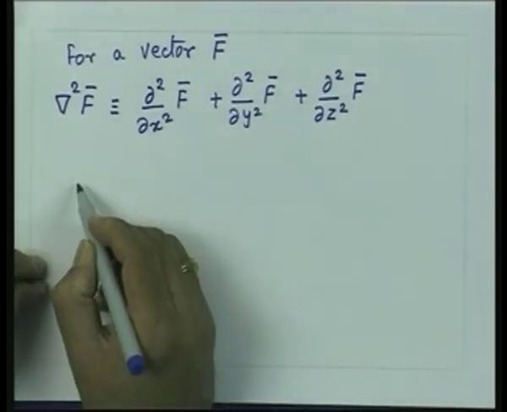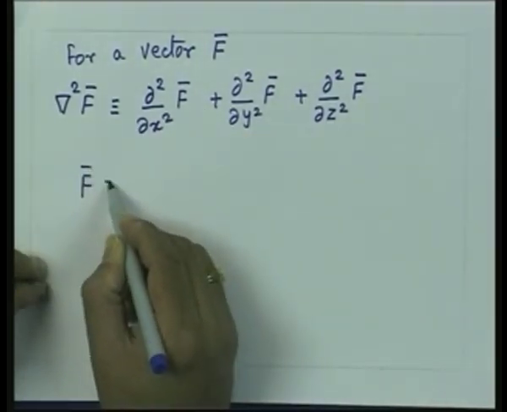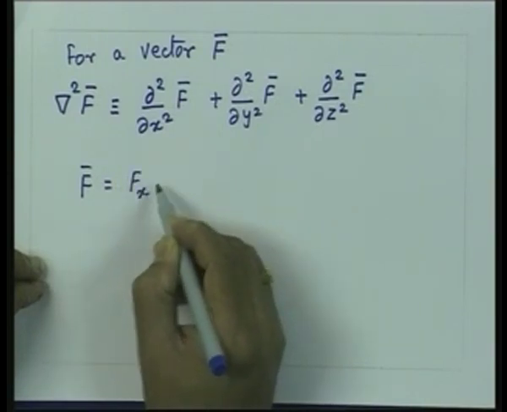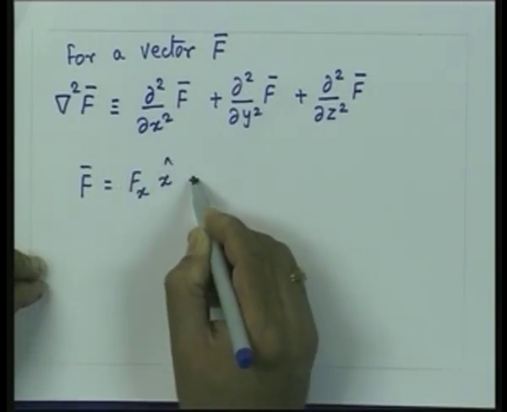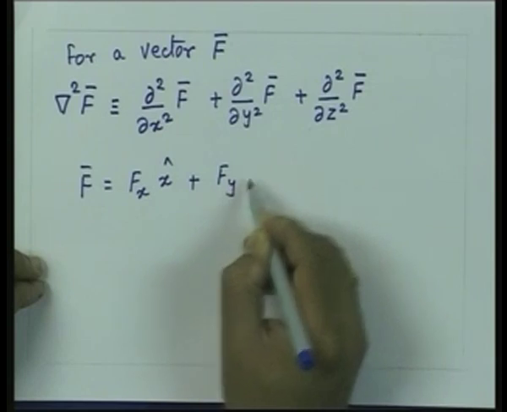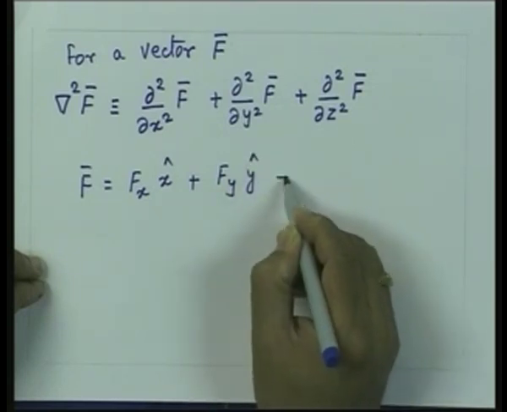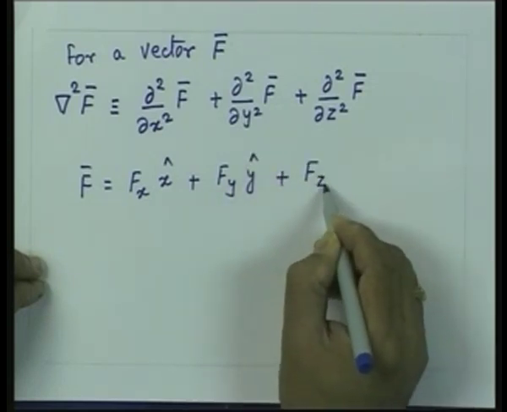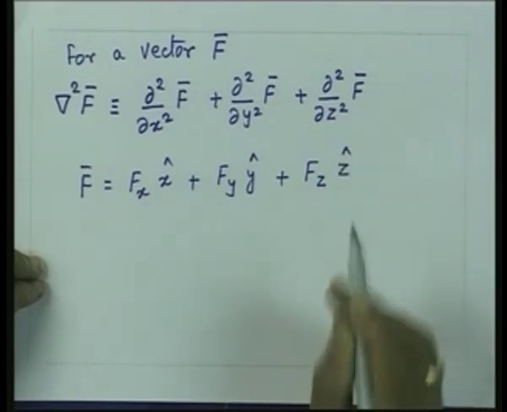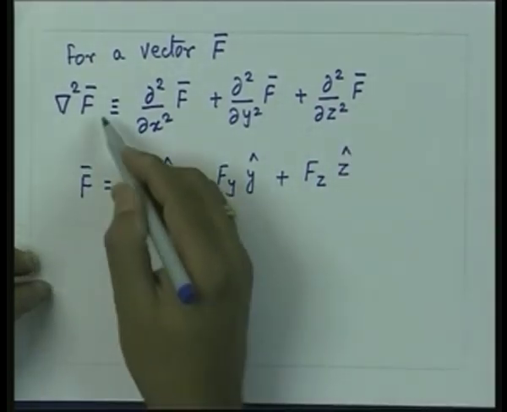So, if I expand this and say F is Fx times x plus Fy times y plus Fz times z, then I can substitute into this.